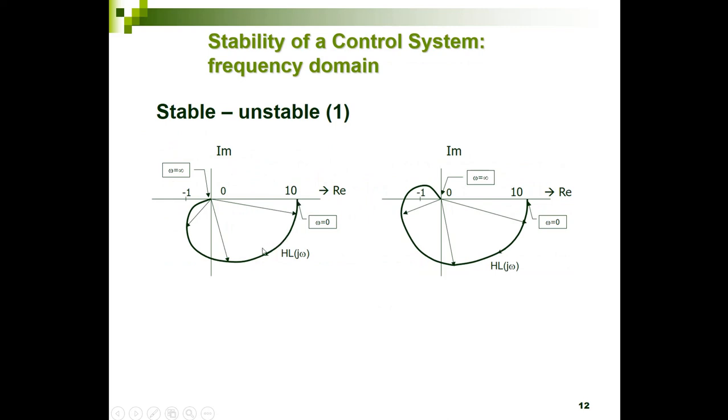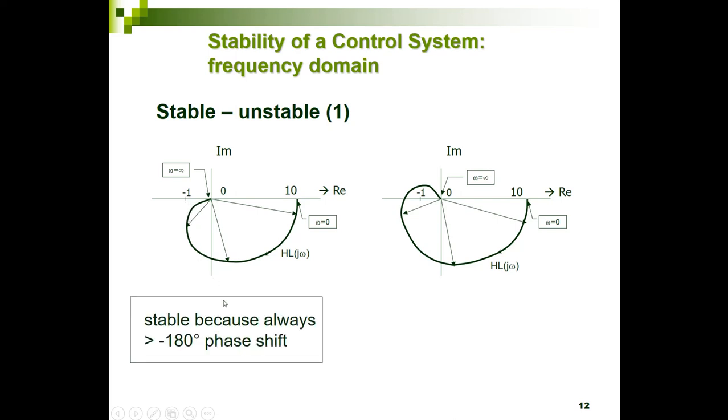In this example, this is my Nyquist plot. We travel on that Nyquist plot starting at this point where omega is 0 towards omega is infinity. And when we do that, we see that the point -1 is to the left of this curve, so this system is stable. We also know that because this system never crosses the -180 degrees line, only at omega is infinity, which is not the case in real practice.